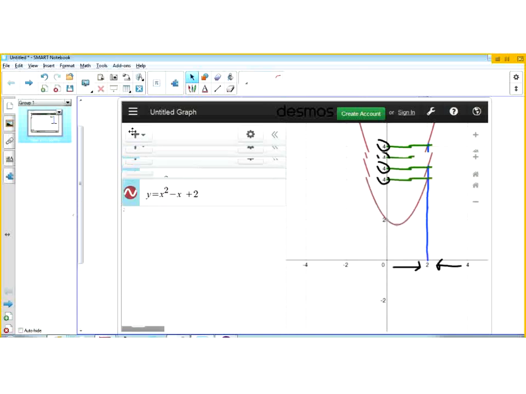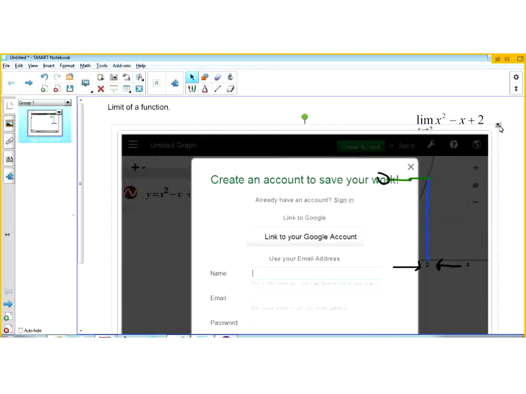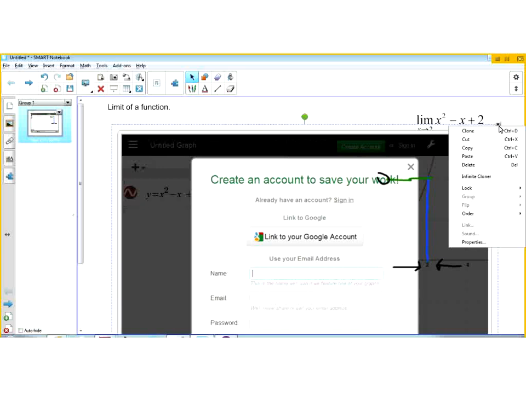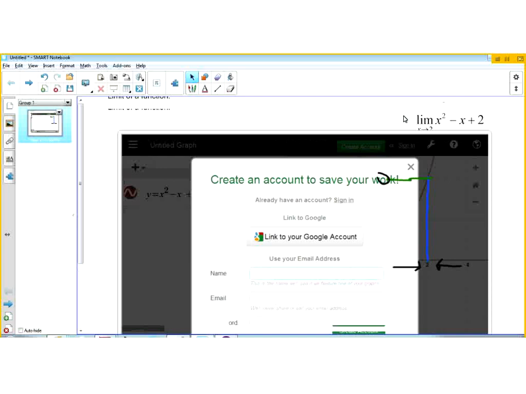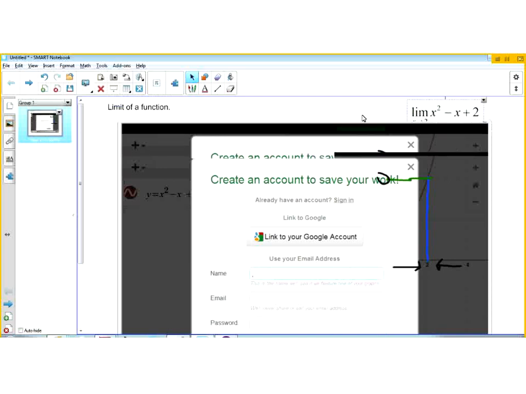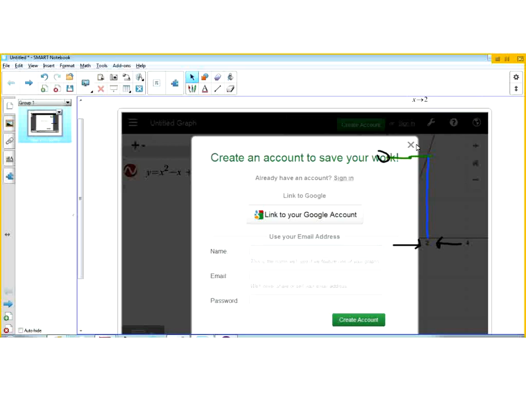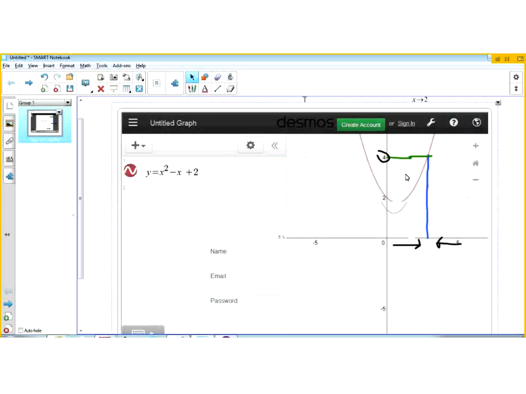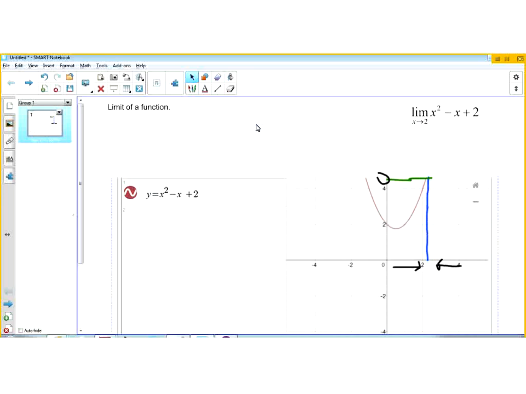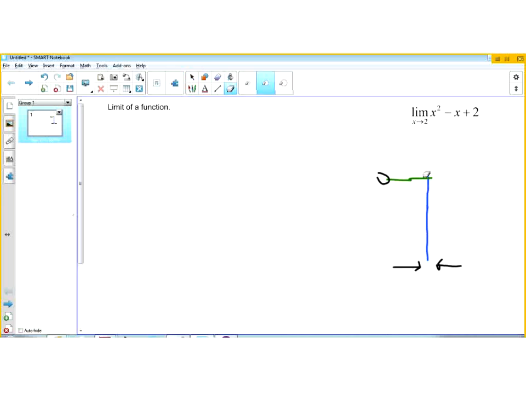Okay, so we can summarize this result using a tabular approach. So let's try using a tabular approach. Let me insert a table and show you, and let's examine the numerics of a table.